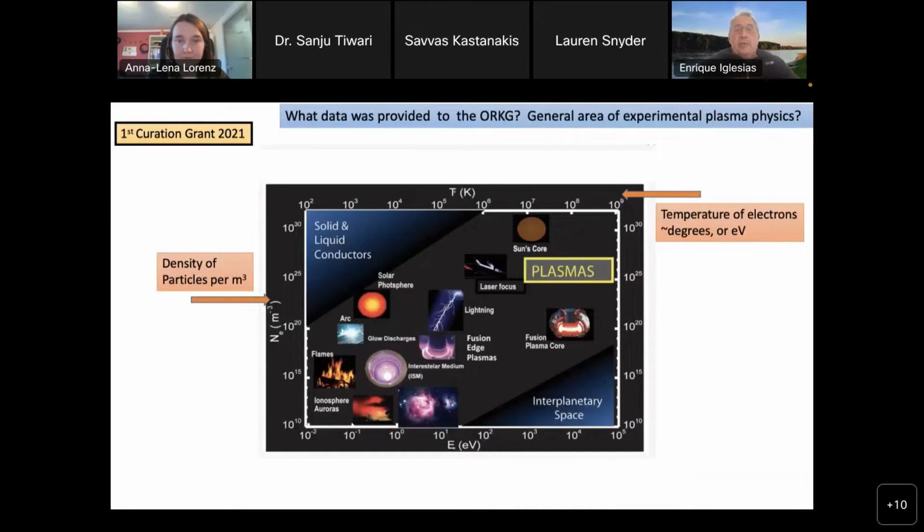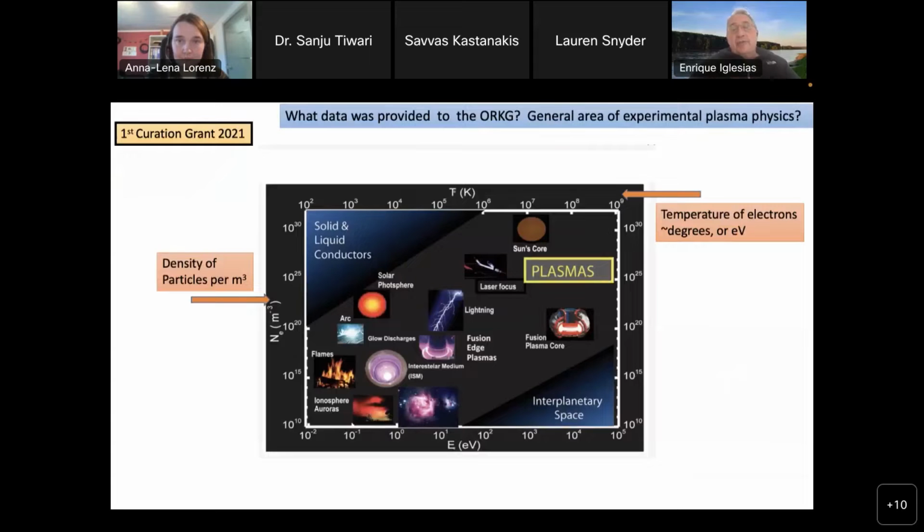So I give you a small tour of what the plasma state of matter is. It's commonly called a very hot gas, also commonly called the fourth state of matter, the other three being the well-known solid, liquid, and gas.